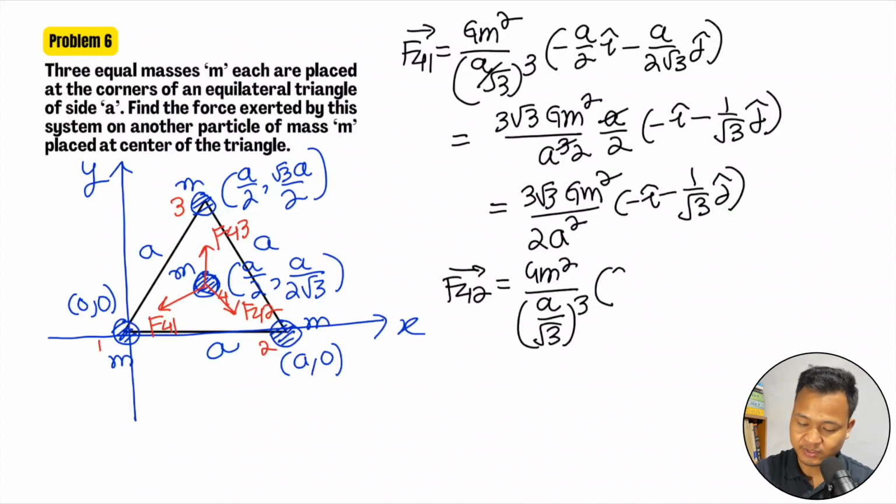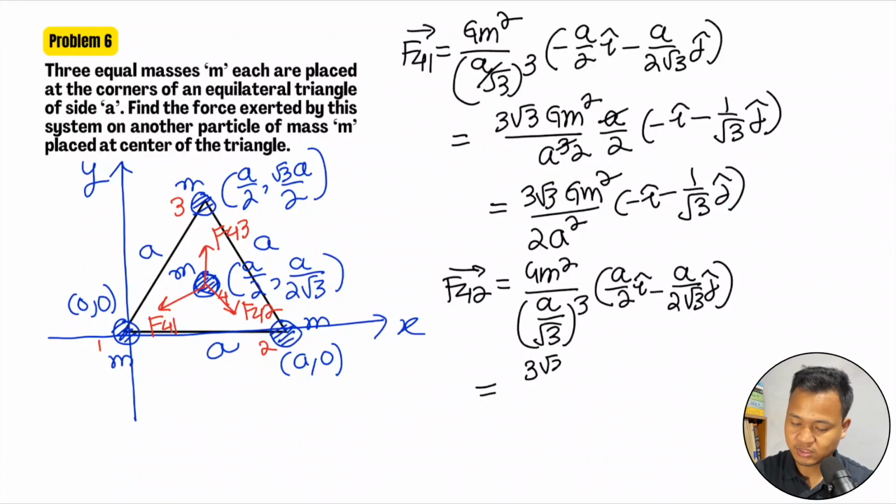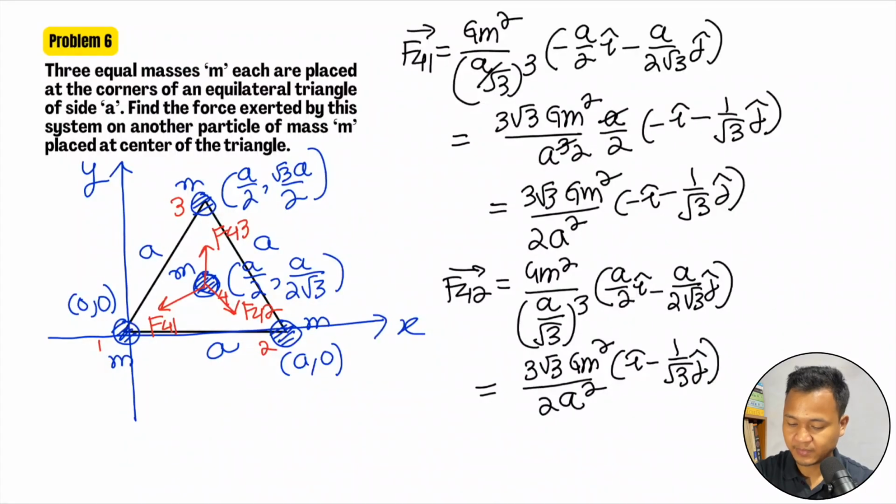Okay, so I will have here a by 2 I cap plus 0 minus a by 2 root 3 z cap. Solving, you will have 3 root 3 into m square divided by 2, and a cube cancels, so finally you have here again I minus 1 by root 3 into z. Okay, equation number 1 and equation number 2.